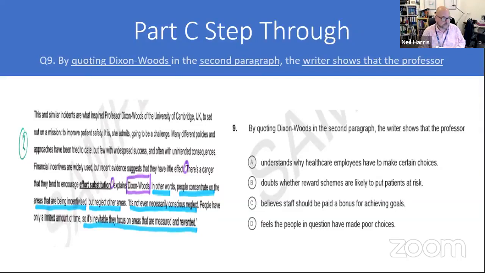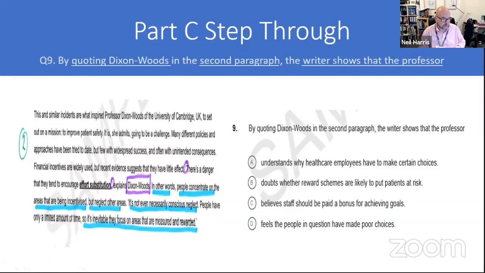Okay, so if I look at A, healthcare employees have to make certain choices. Well, that certainly seems to be the point that is made in A. People have a limited amount of time, so it's inevitable to focus on areas that are measured and rewarded.